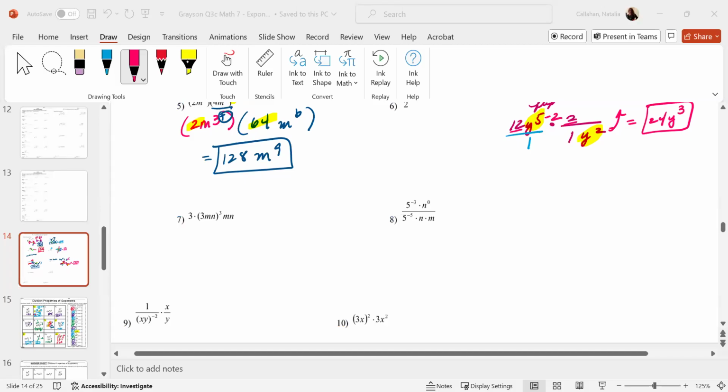Okay. First thing I notice is I have this right here, so I have to distribute that to the 3 things inside, right? So 3, 27, m to the third, n to the third, mn. Do you see that? Then 3 and 27 is going to give you a 71, right? The m has a 1 there.